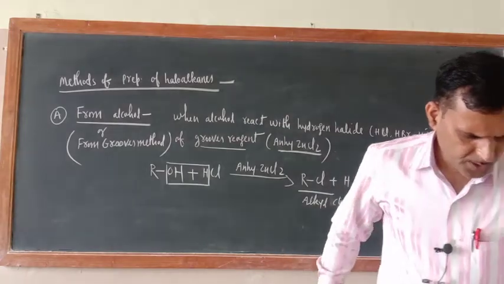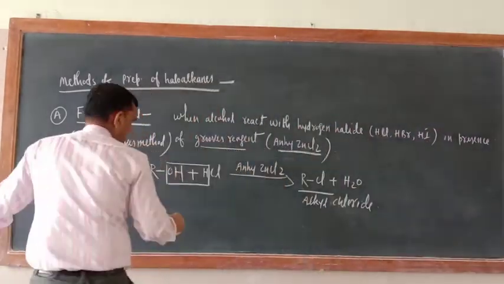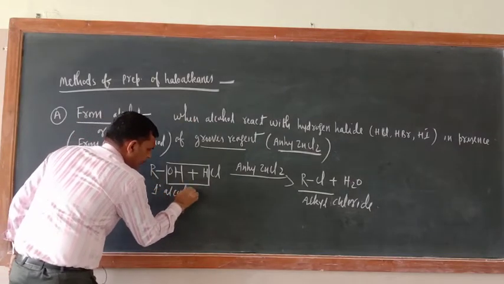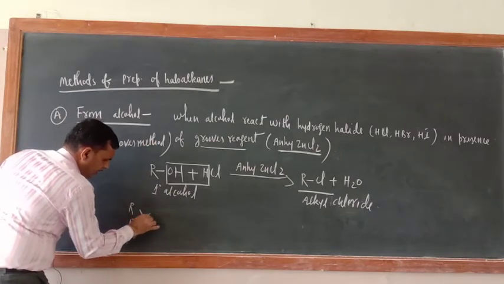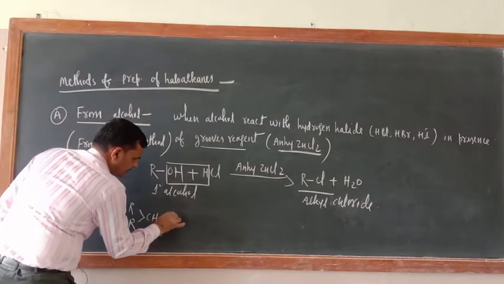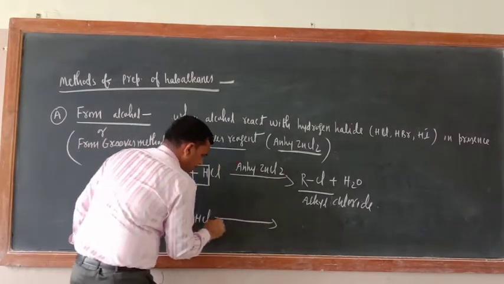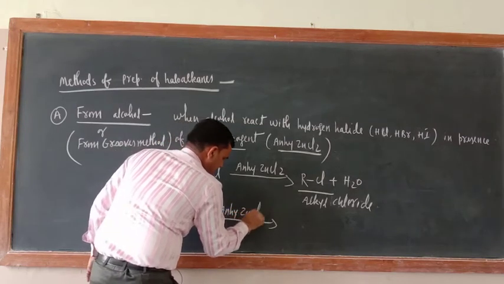Now you just take 2 degree alcohol. This is 1 degree alcohol, now take 2 degree alcohol. 2 degree alcohol means R2CHOH, plus here HCl, and here anhydrous ZnCl2.